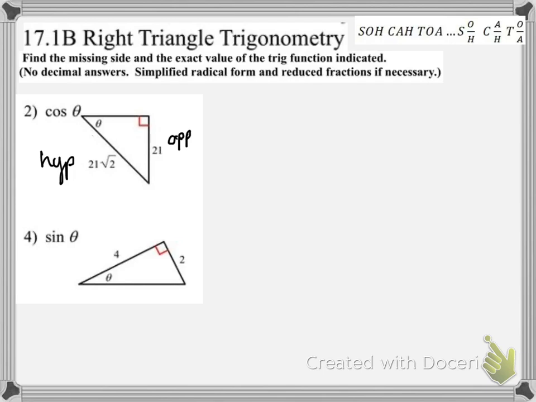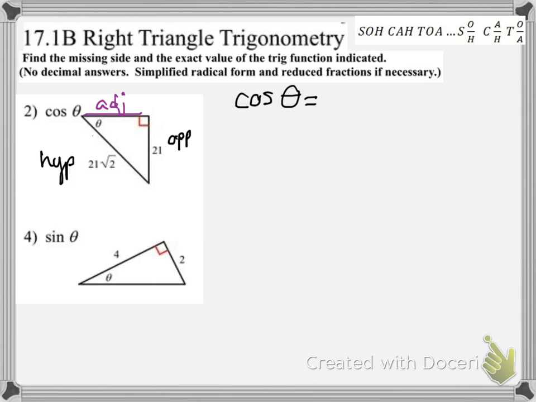And then the side that's not a hypotenuse but is touching is what we always call our adjacent. Okay. In this case, we're looking for cosine theta.